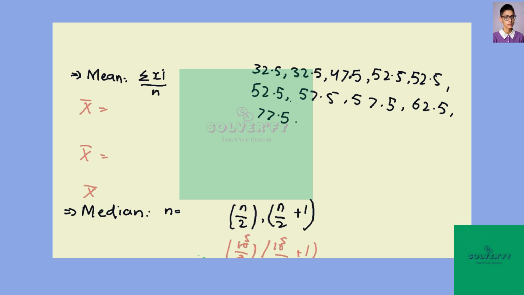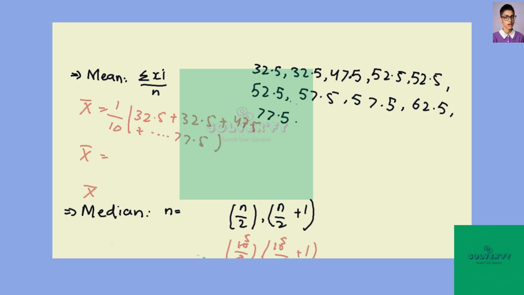So here is the recreated data by adding 2,500 to each of the employees' salaries. So let's find the mean of this. The mean equals 1 by 10 observations. Then we add these data: 5 plus 32.5 plus 47.5, and likewise we add all these numbers up to 77.5.